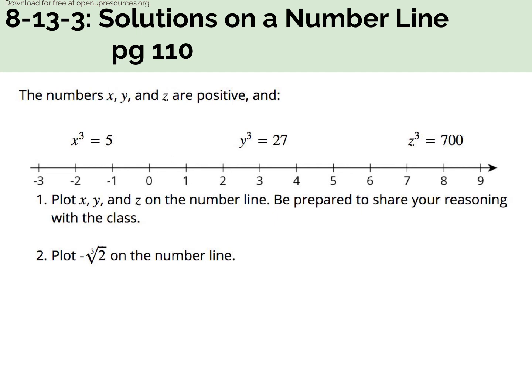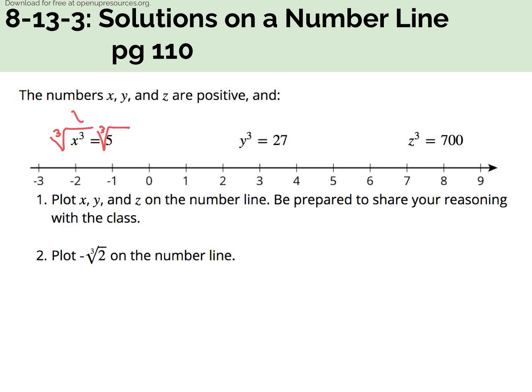All right, so using our list on page 110, we have x cubed equals 5, y cubed equals 27, and z cubed equals 700. We want to solve for x, y, and z. Remember that the opposite of a square is a square root. Here we have a cube, so the opposite is a cubed root.